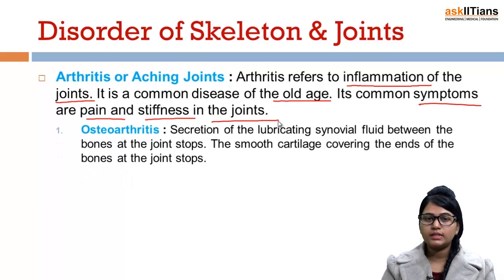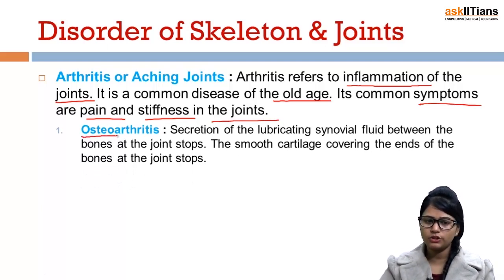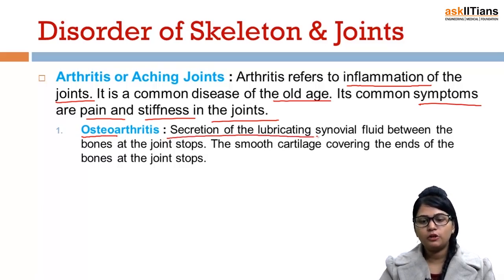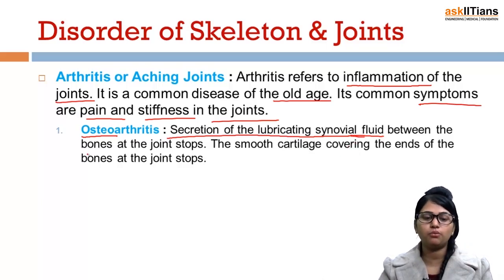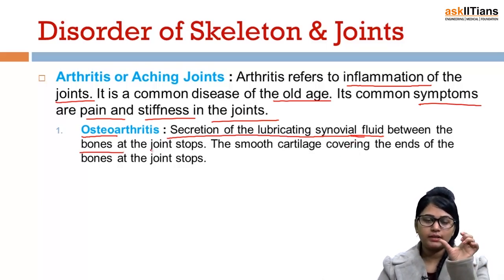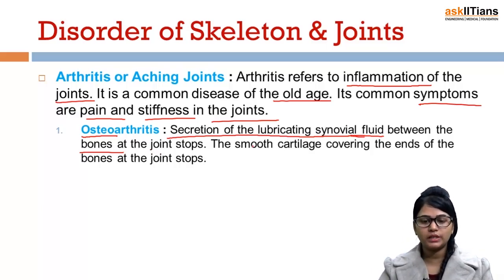There is one type of arthritis, that is osteoarthritis. Osteo, you know what is osteo? Yes, it's bone. The secretion of the lubricating synovial fluid, which is secreted between the bones where there is a joint between the two bones, stops.